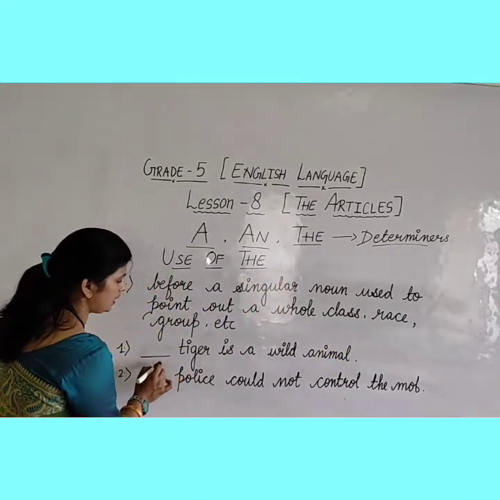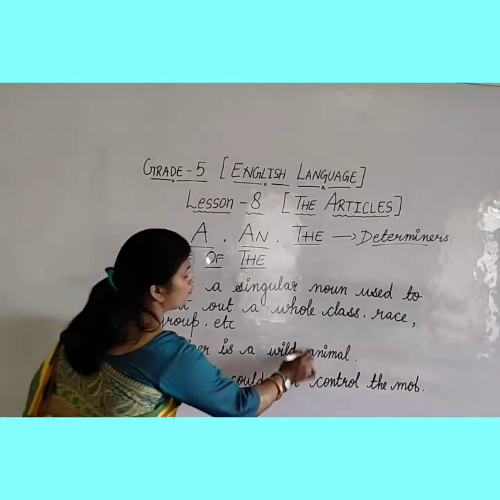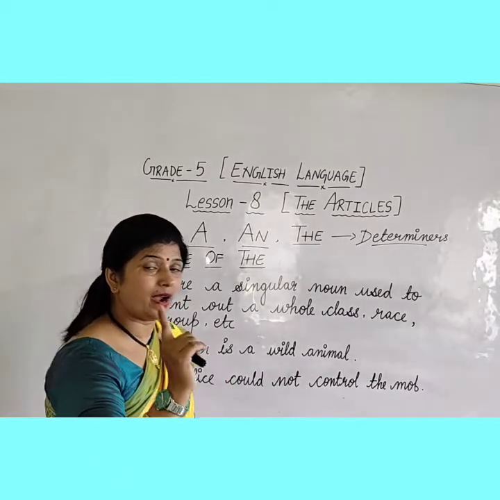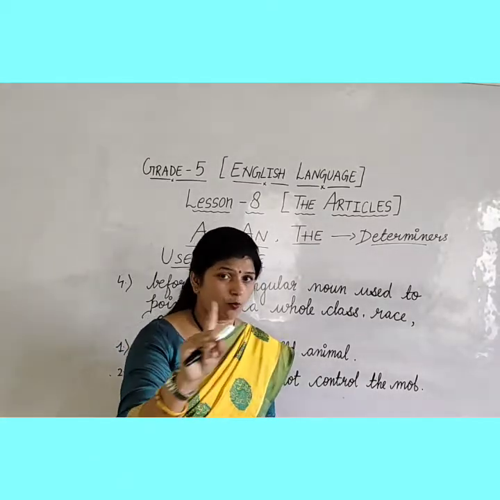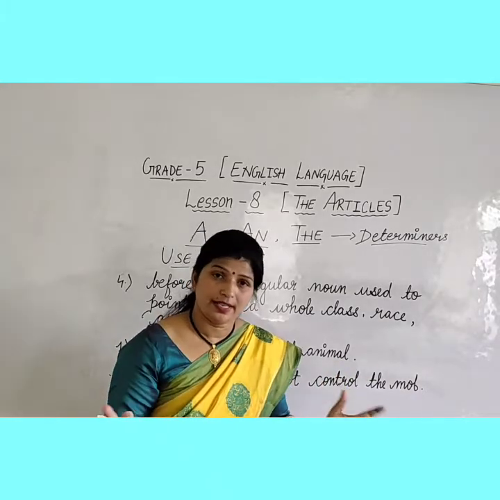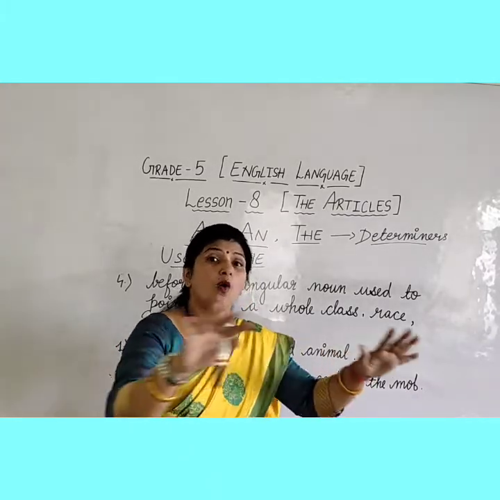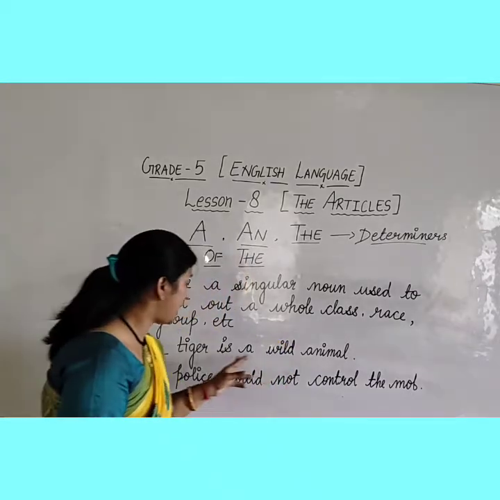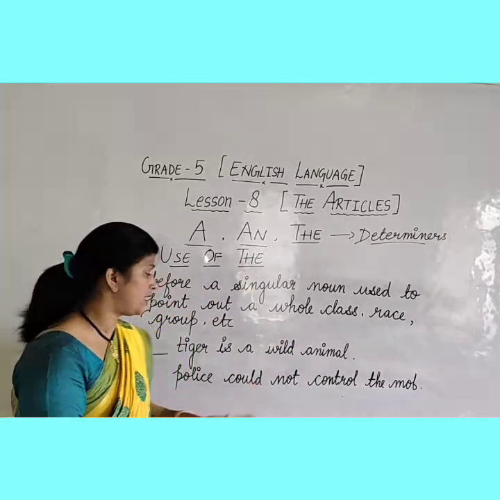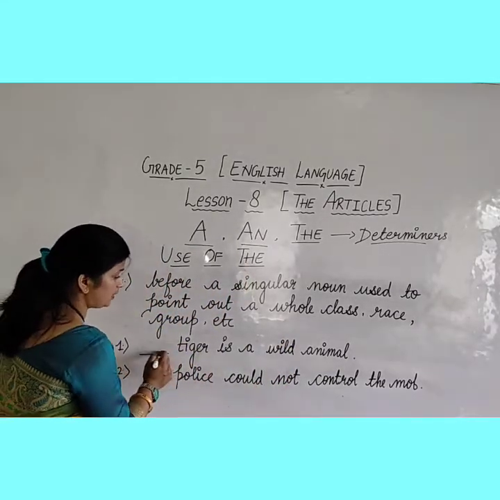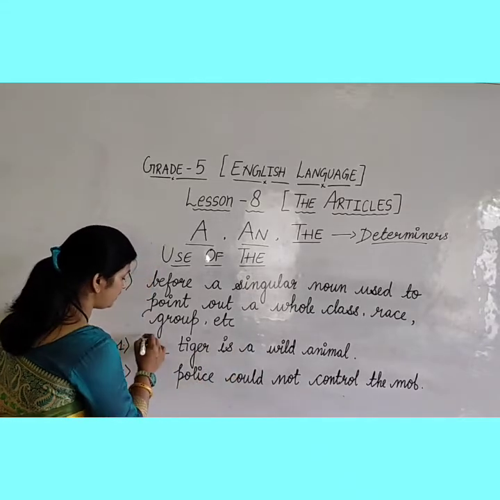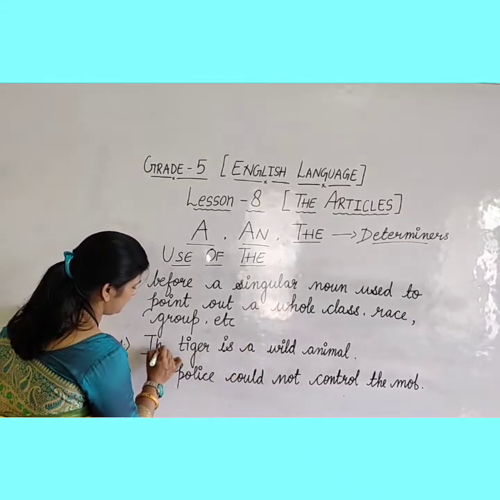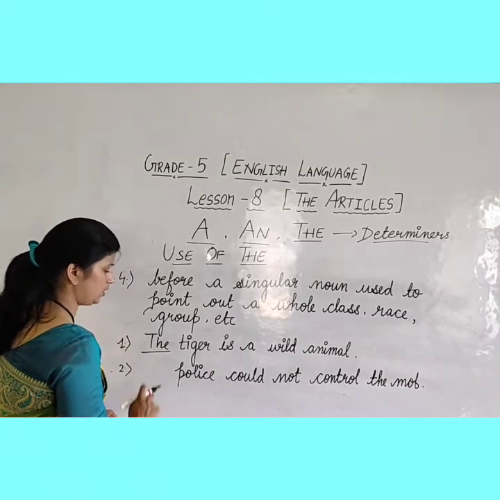Suppose here you can see, dash tiger is a wild animal. So any one tiger, we are not talking about only one tiger. Here we are indicating the whole class of tiger. हम टाइगर की पूरी क्लास के रेस के बारे में कह रहे हैं. So the tiger is a wild animal. Tiger क्या है? Wild animal. So in this case we will use the.